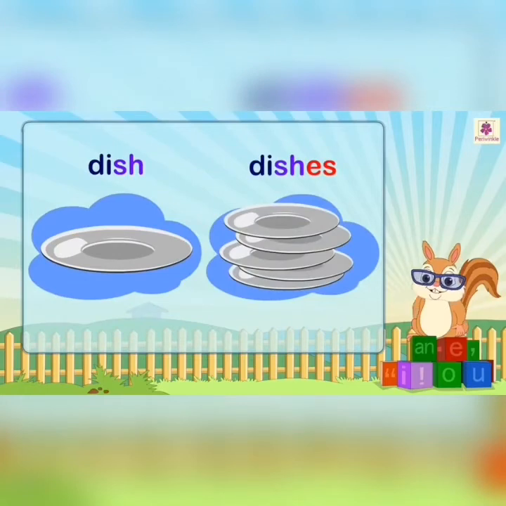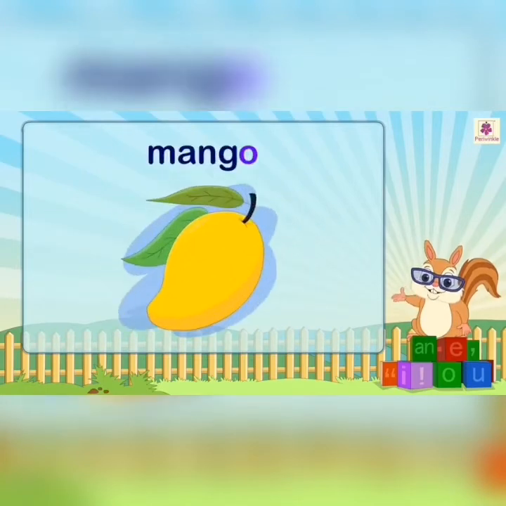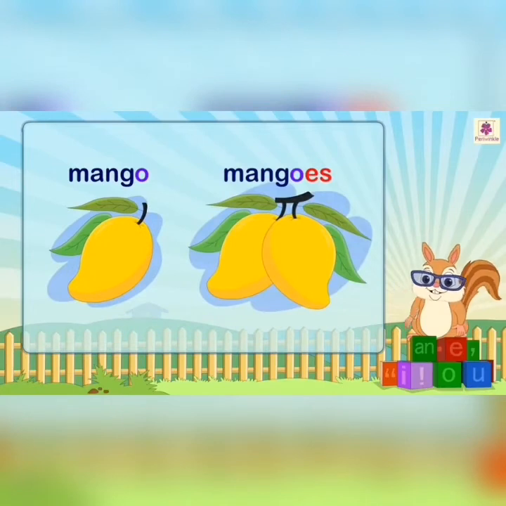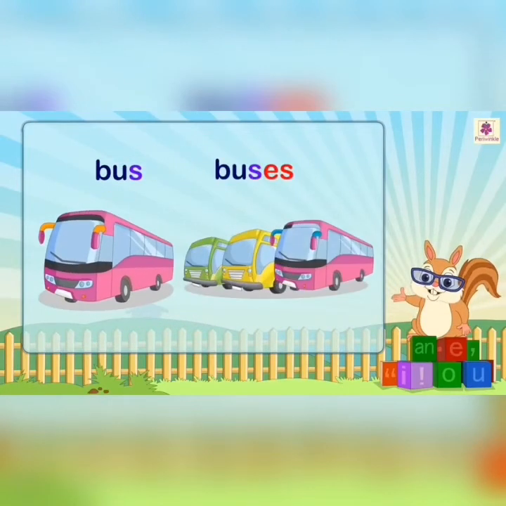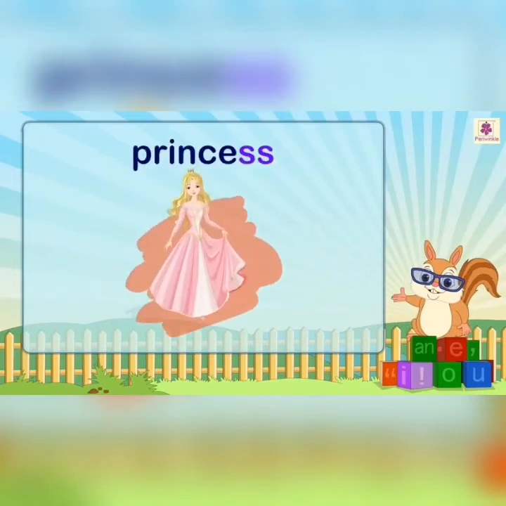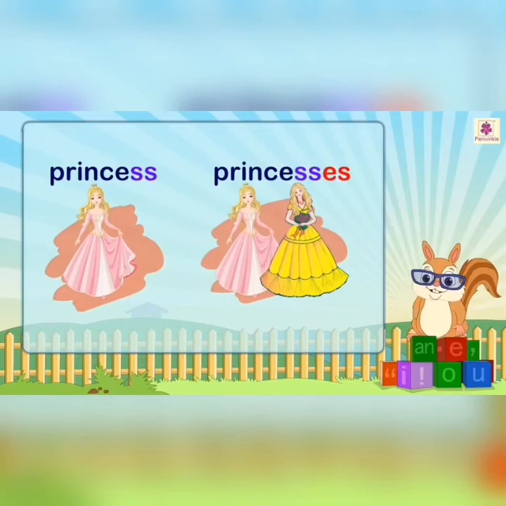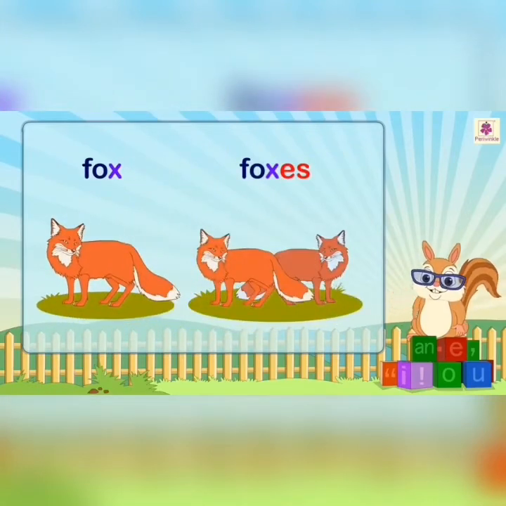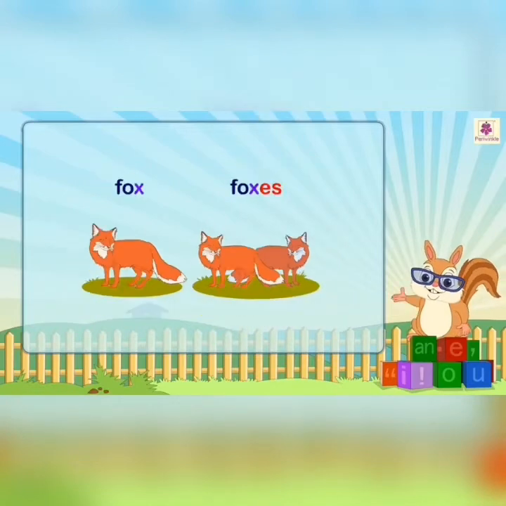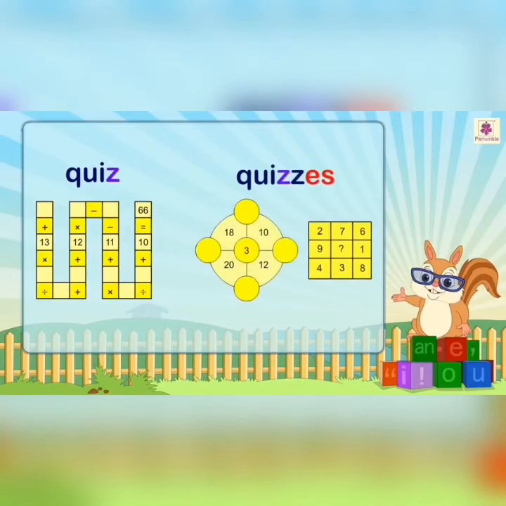In the word dish, we'll say dishes. Mango ended in letter o, we say mangoes, so we added es. And in the word bass, we say basses. Princess, we say princesses. Take note of their end letters. In fox, we have foxes, and in quiz, we have quizzes.